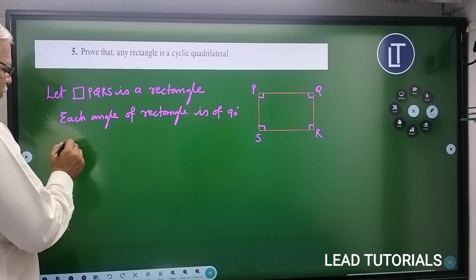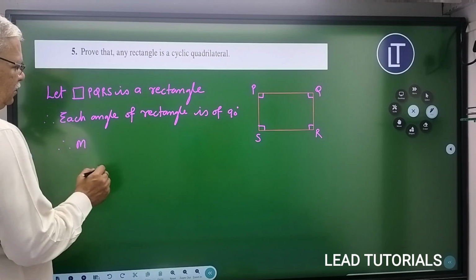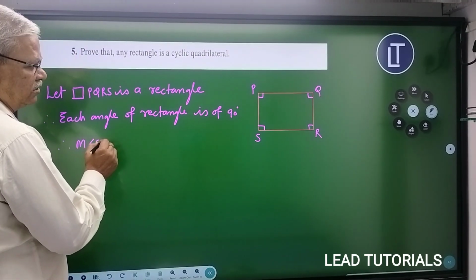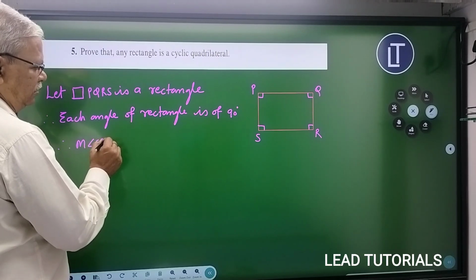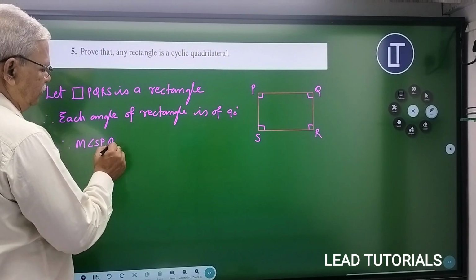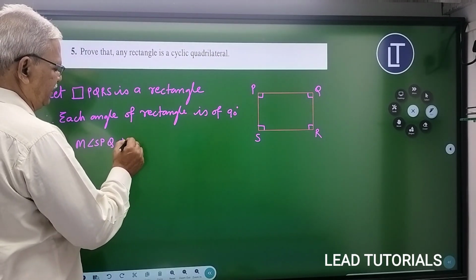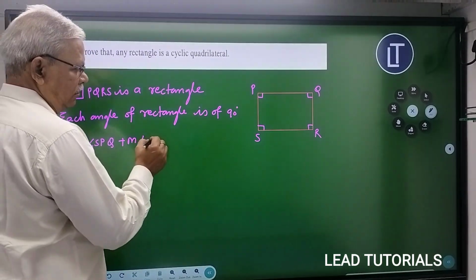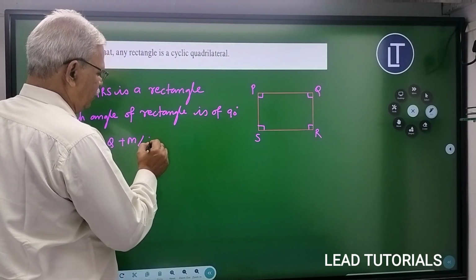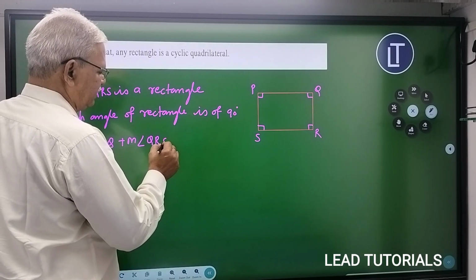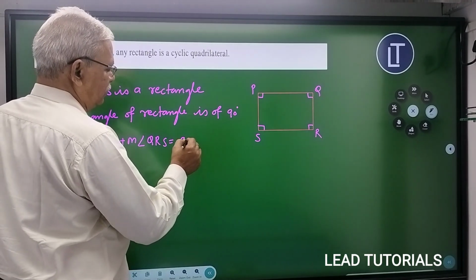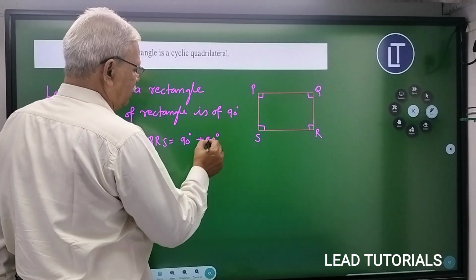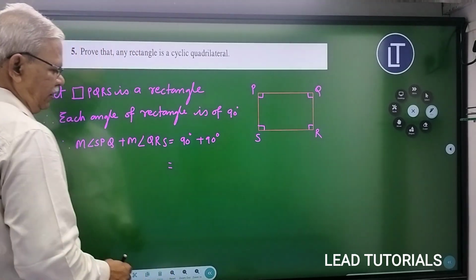Therefore, measure of angle SPQ plus measure of angle QRS is equal to 90 plus 90 because all the angles are 90 degrees.